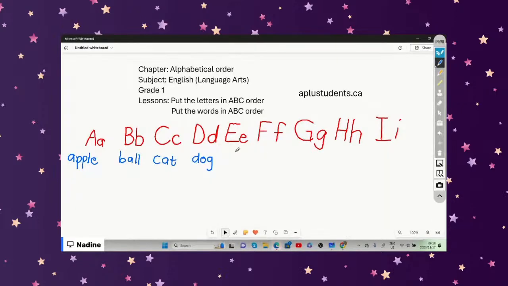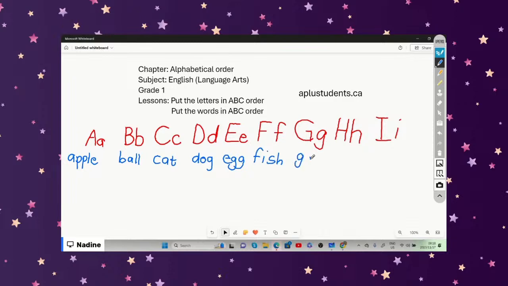Then we have E for egg. And then we have F for fish. And then we have G. You can either say G for gate or gas.